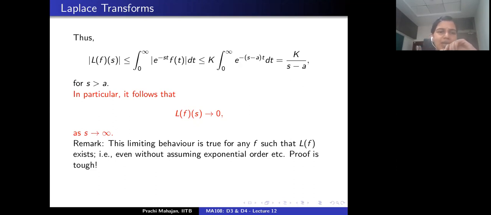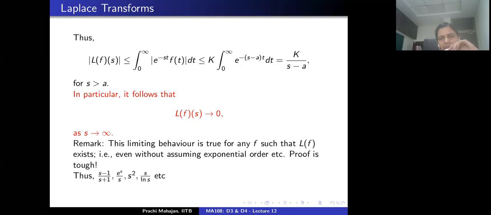All right. So in particular, what is this saying? If you look at the function s minus 1 by s plus 1, this does not tend to 0 as s tends to infinity, does it? So this function cannot be written as the Laplace transform of any function. The same comment is true for each of these examples: s square, s by logarithm of s, exponential s by s.